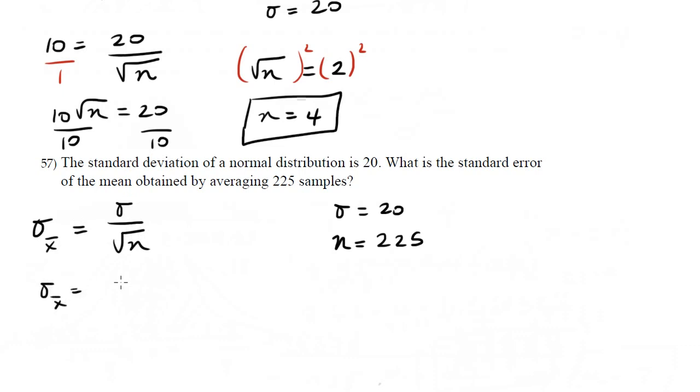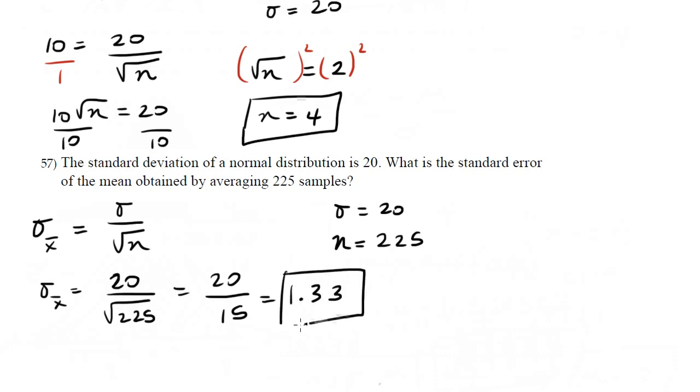Standard error of the mean is 20 divided by the square root of 225, right? Which is 20 divided by 15, which is 1 1/3, so 1.33 repeating. That's your standard error of the mean.